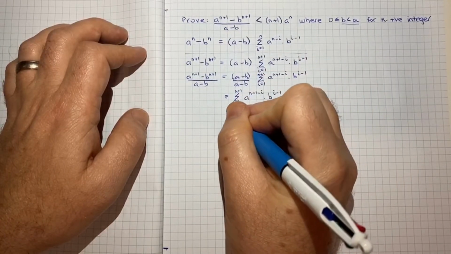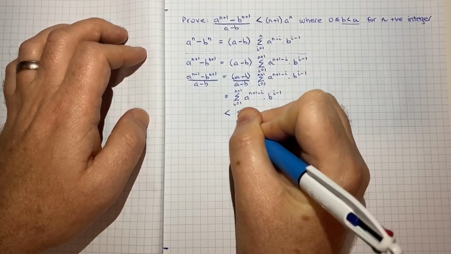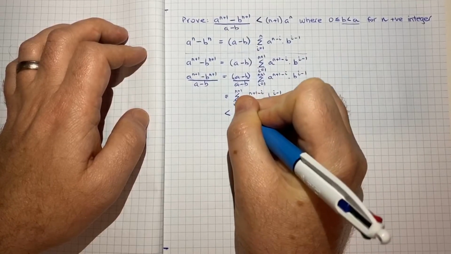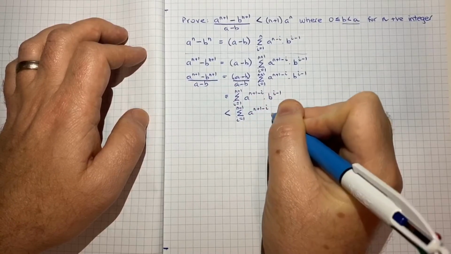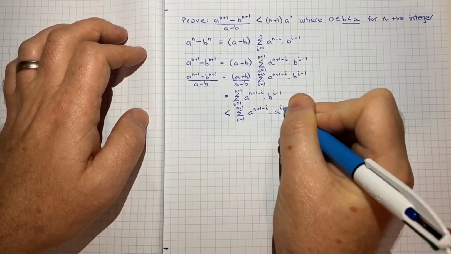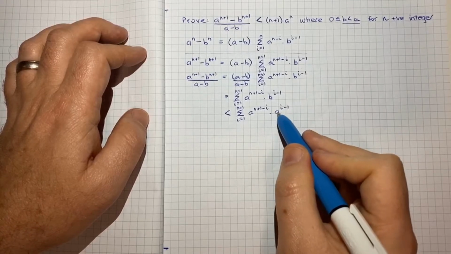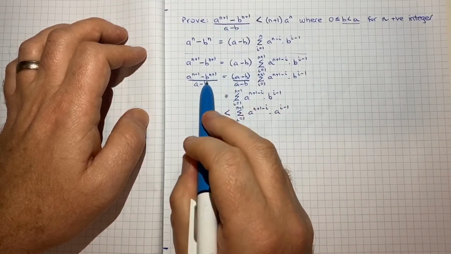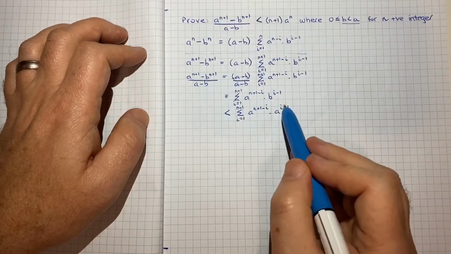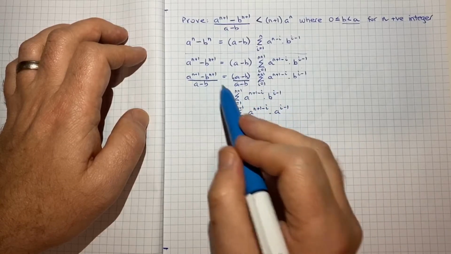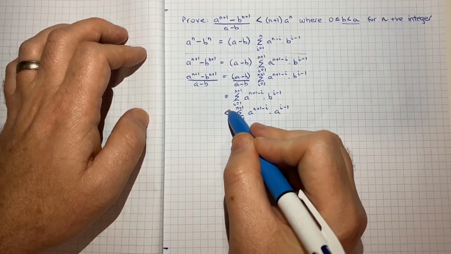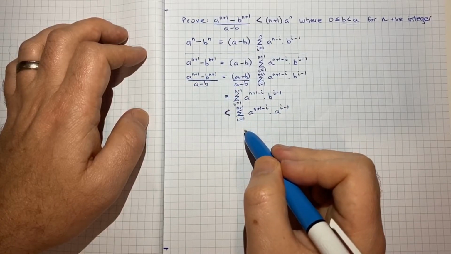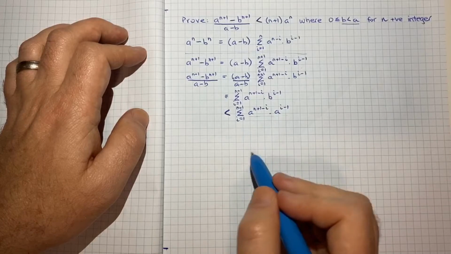So we can then say less than the sum from i = 1 to n+1 of a^(n+1−i) times a^(i−1). I've just replaced b with a. Where these two things were equal, what I've now written must be greater than what I had before, so that's why I've used this inequality. Now let's simplify this a bit.